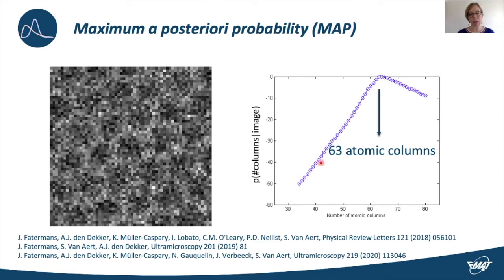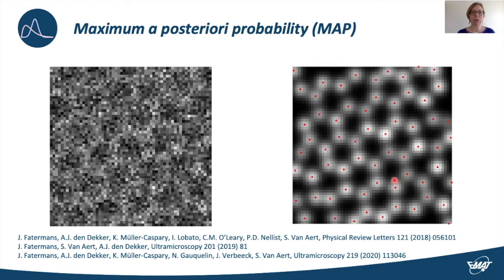Here you see the evaluation of the MAP probability rule, predicting that the presence of 63 atomic columns is most likely, and the corresponding refined model clearly shows the expected graphene lattice without using prior knowledge concerning the expected atomic structure.